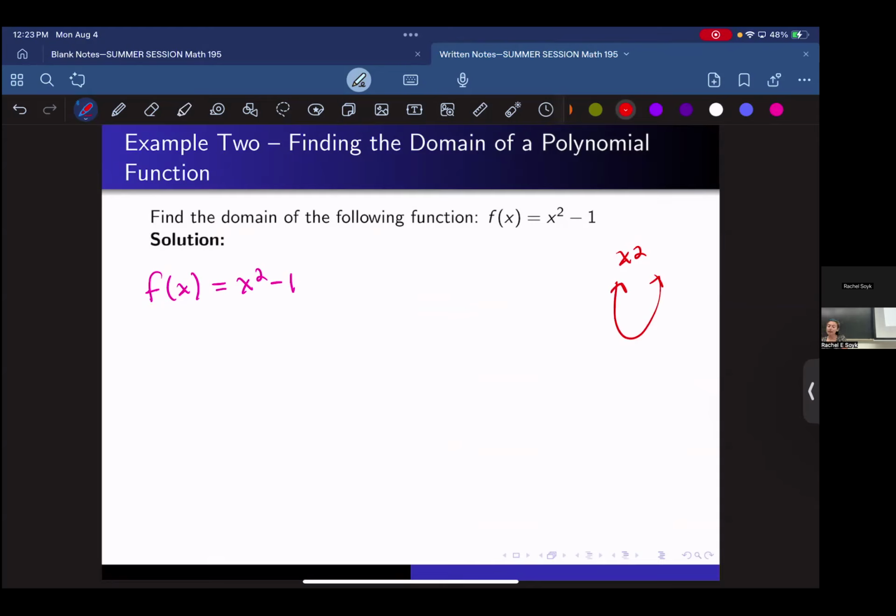But then that minus 1 tells us that we have a transformation taking place, just like you guys learned in Math 190. And that transformation is a vertical shift down 1 unit.